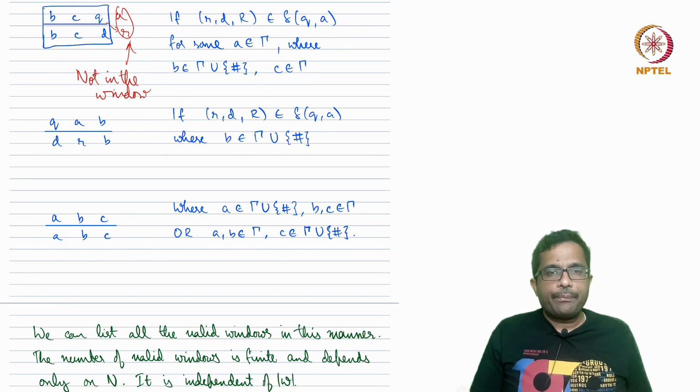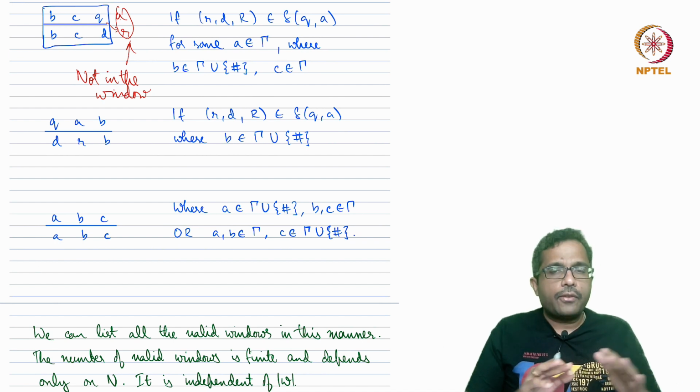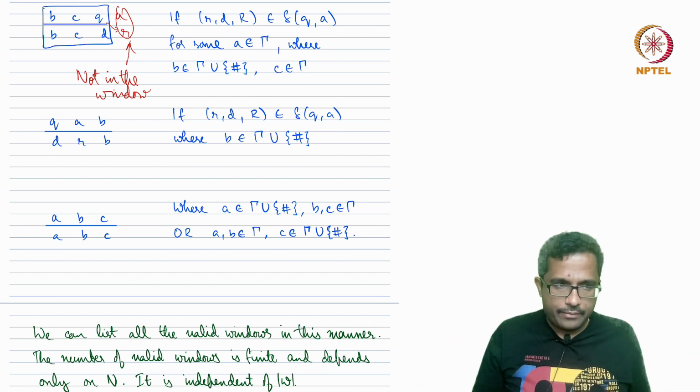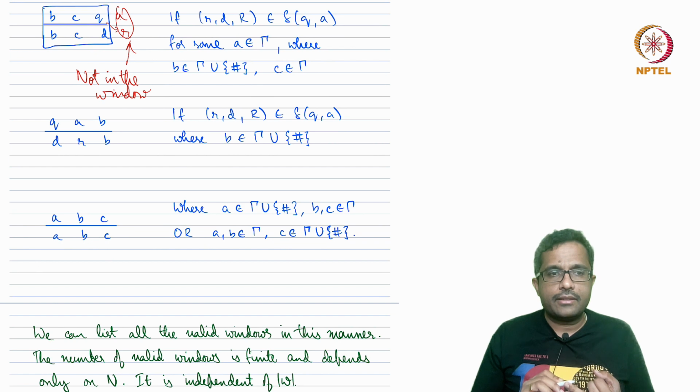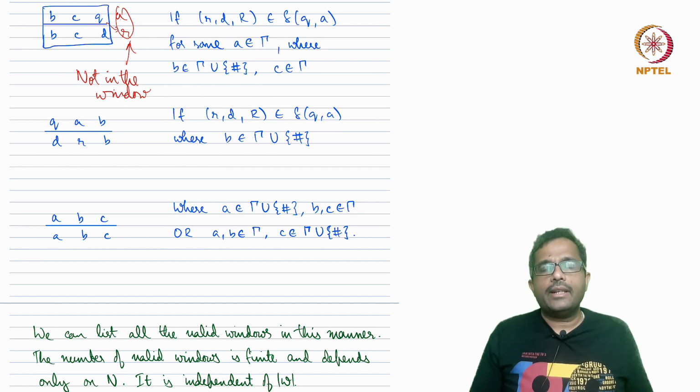The point is the set of valid windows is a function of only the Turing machine. Once the machine is fixed, the set of all valid windows is also fixed, right? It depends on only the Turing machine: the number of states, the tape alphabet, the transition rules, etc. It has no connection with the input.